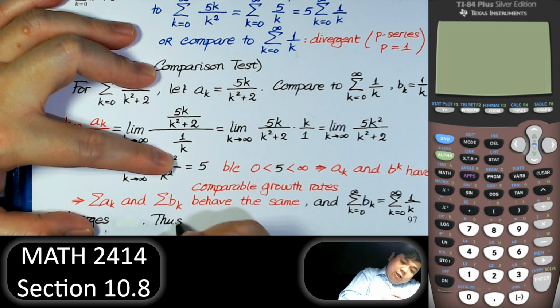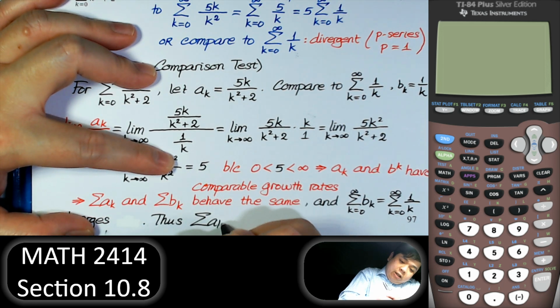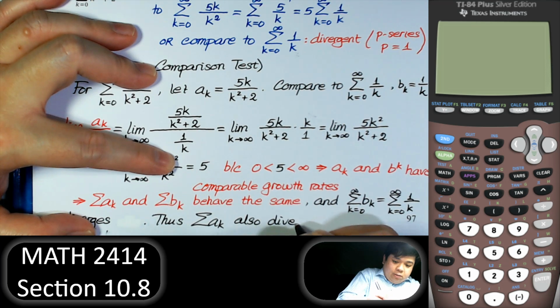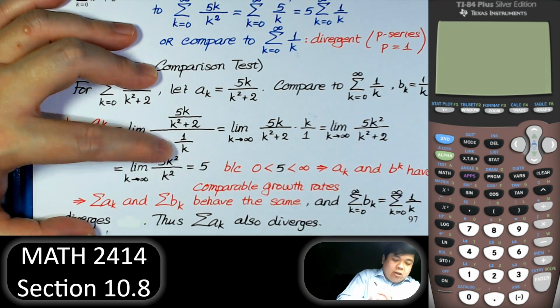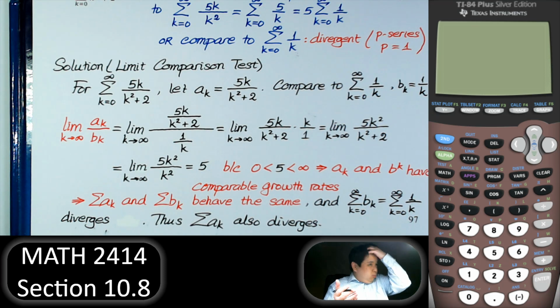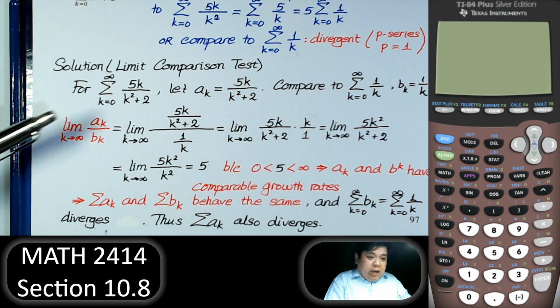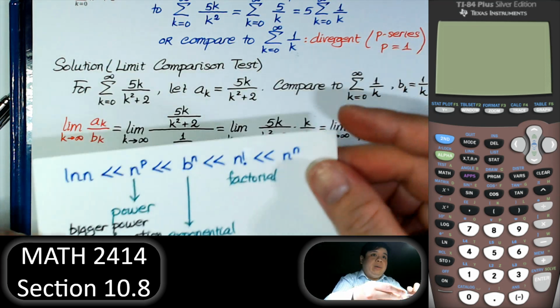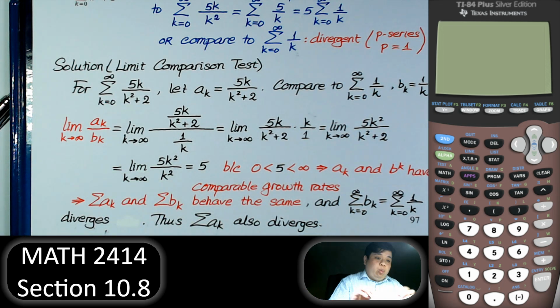Thus, a of k also diverges. So that's usually how the limit comparison test will go. If there are more than one term, just ignore everything. Keep the highest term, the one with the highest ranking, and then we do that.